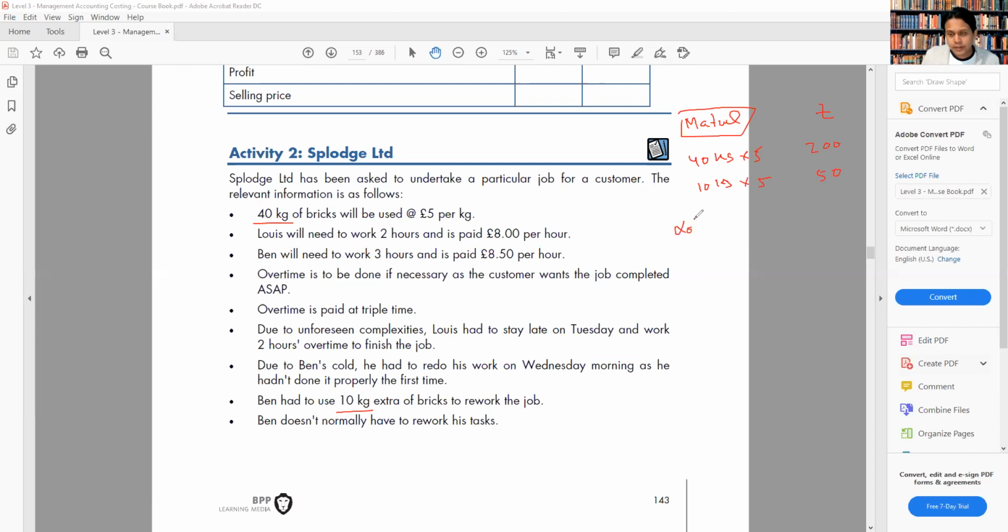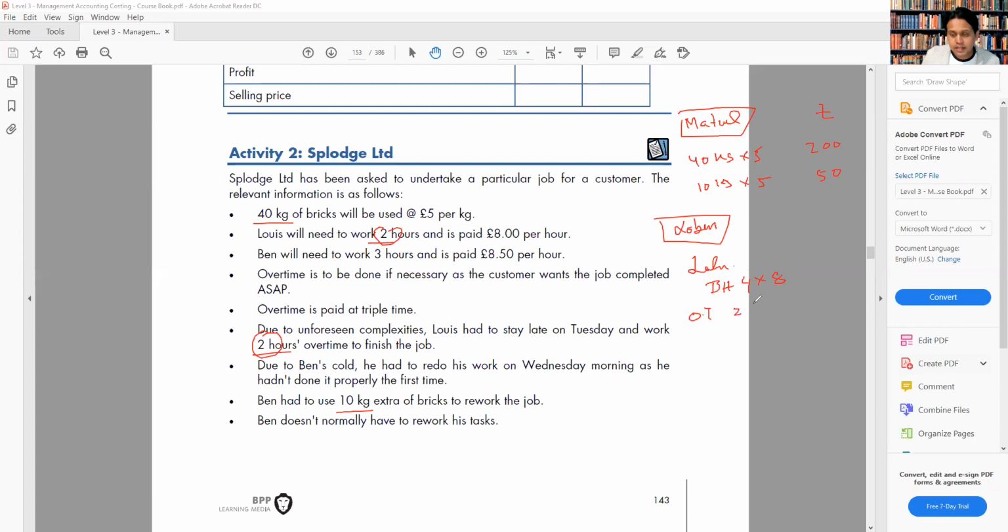Then we move to the labor. We have two laborers here, Luis and Ben. First we do Luis. How many hours did he work? Be very careful, don't give 2 hours basic and 2 hours overtime. It's basically 2 plus 2, 4 hours he worked in total. So basic hours will be 4, 4 times 8, and the 2 hours was overtime.